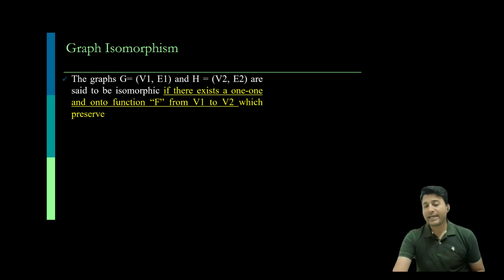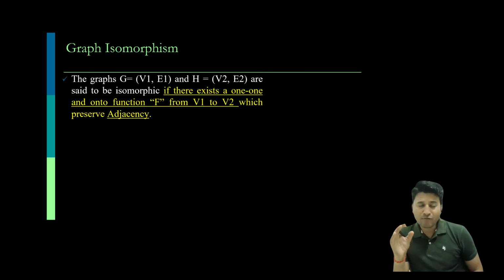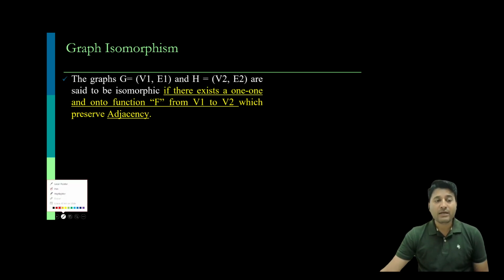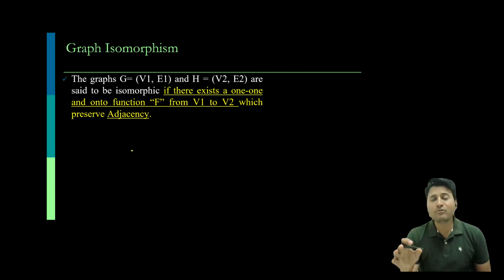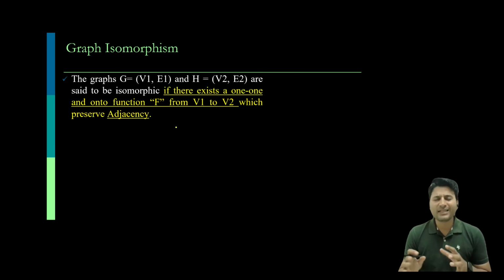We call them isomorphic graphs if we are able to make a one-to-one onto mapping from the set of vertices of graph 1 to the set of vertices of graph 2 which preserves adjacency. Adjacency means the adjacency matrix corresponding to the mapping for the given graph. So when the question asks to prove the graphs are isomorphic, in place of manual comparison, we do it mathematically. If you are able to find a one-to-one onto function from the vertices of graph 1 to the vertices of graph 2, and the mapping gives you the same adjacency matrix for both graphs, they are isomorphic.